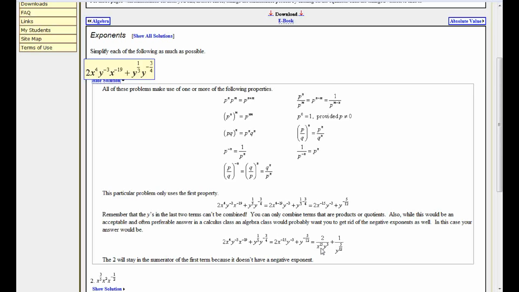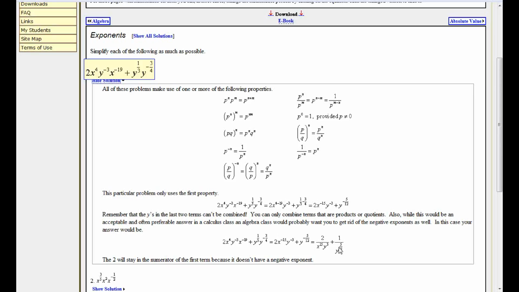Since it was a negative exponent, negative exponents don't mean that you don't multiply or anything. Negative exponents mean that you divide. So a negative exponent is division. You put it down here.